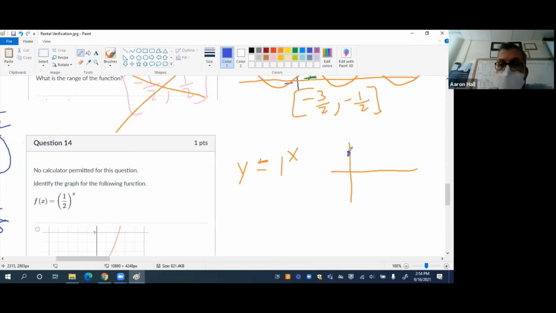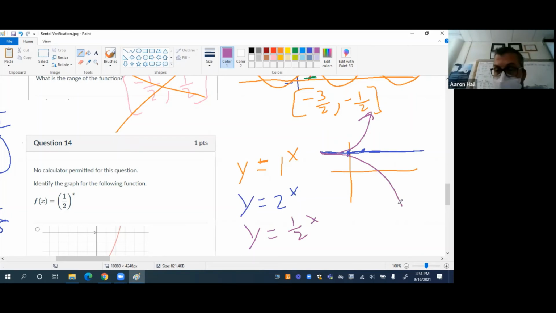What if I plug in 1? What if I plug in 2? 1. What if I plug in 3? So I always get 1. Now, if my multiplier is a number greater than 1, then this is an exponential growth. If it's a number less than 1, it's an exponential decay.